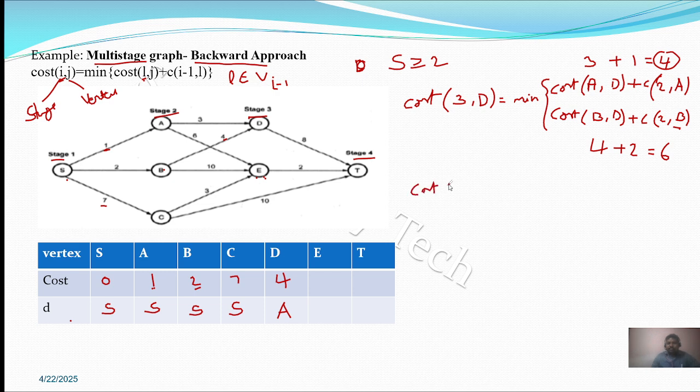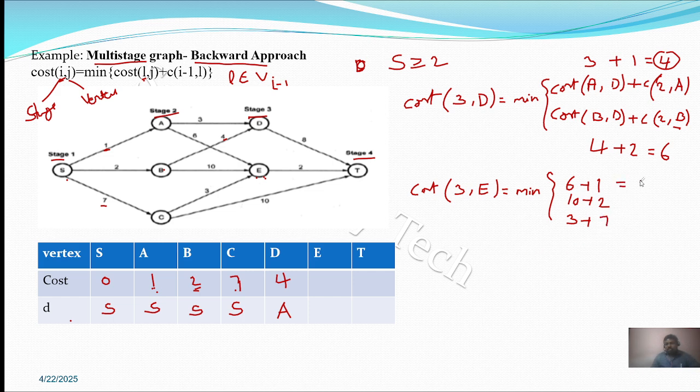The cost of stage 3 vertex E is equal to the minimum of: A to E, that is 6, plus the cost of A, which is 1; B to E, that is 10, plus the cost of B, which is 2; and C to E, that is 3, plus the cost of C, which is 7.